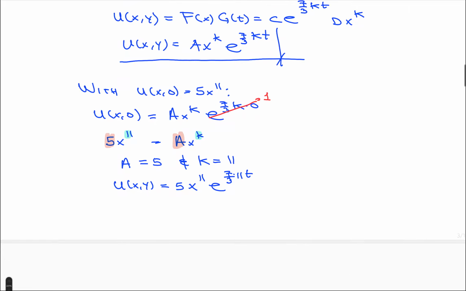And simplifying this should give us u of x, t, by the way, equals 5 x to the 11 e to the 77 thirds t. Final answer.